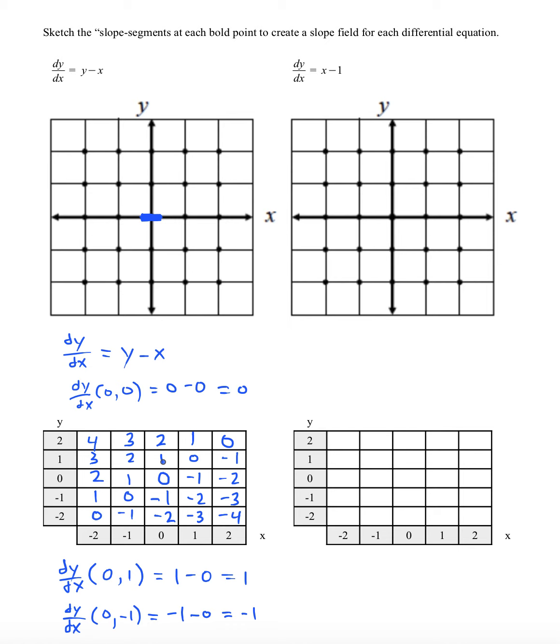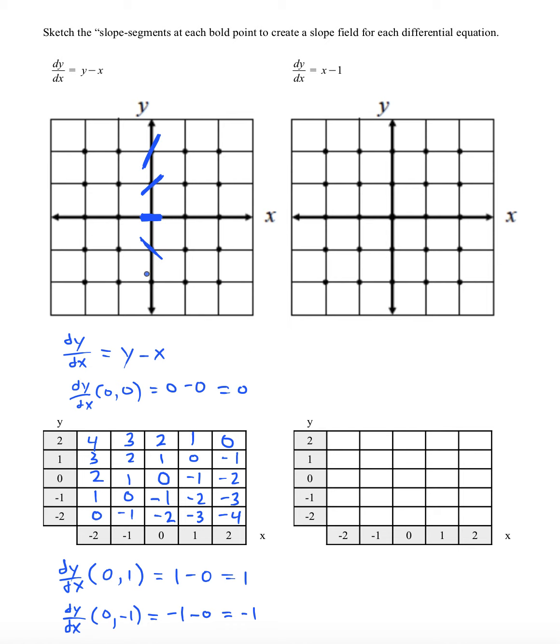Now, above it, there's a slope of 1. So now I want to go to that same location, 0, 1, and start to draw a segment that has a slope of 1. Above that, we have a slope of 2, so I want my line segment to be even steeper. Below, we have a -1 slope, so that would look like this.